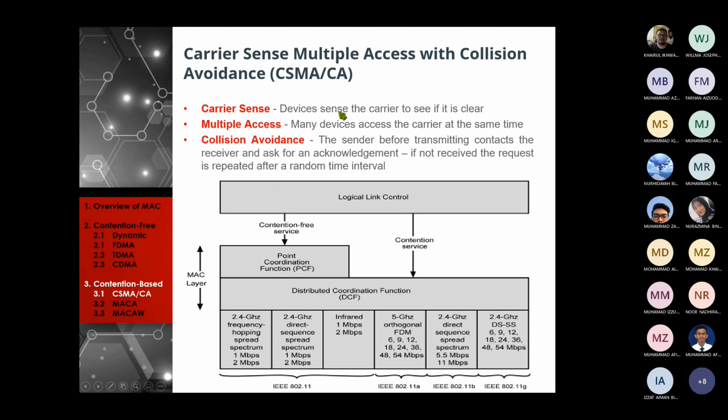Multiple access, many devices access the carrier at the same time. Collision avoidance, the sender before transmitting contacts the receiver and asks for an acknowledgement. If the acknowledgement is not received, the request is repeated after a random time interval. So kat sini kita ada random time interval.